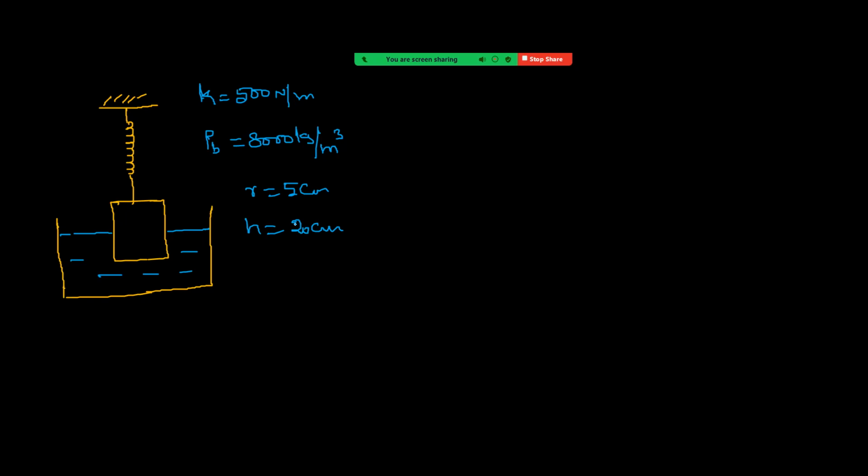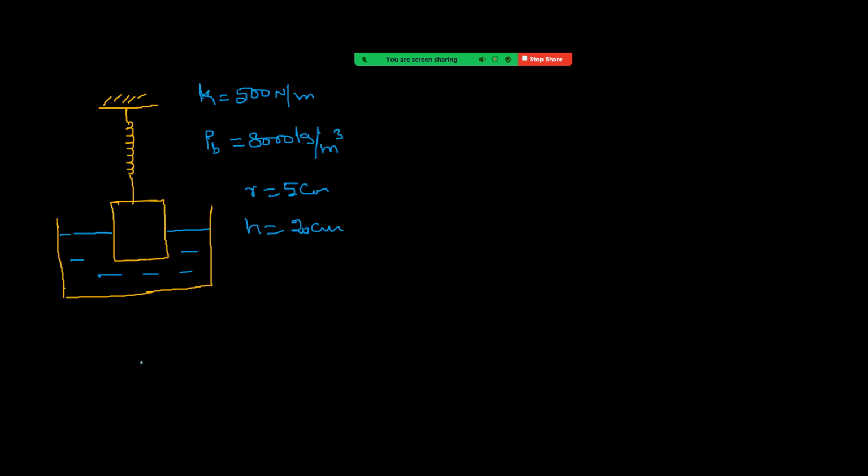Let's see how to start. So first condition, it is floating. So the cylinder is floating, which means net force must be equal to 0. You can see the density of the body is 8000 kg per meter cube, which means the density of the body is more than that of water. That means weight is dominating when compared to buoyancy force, so the spring has elongation.